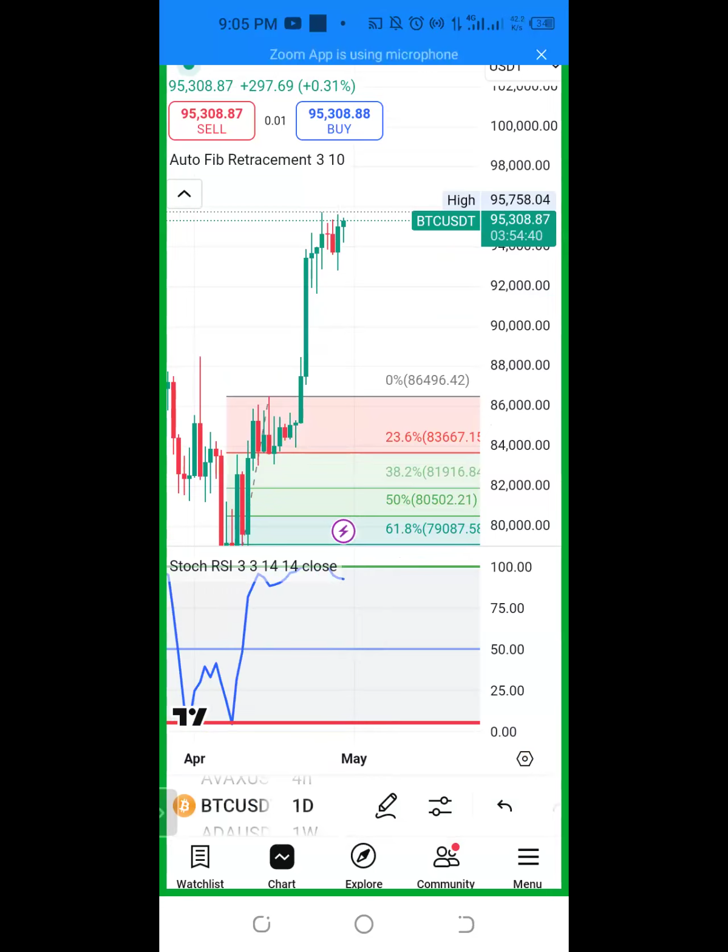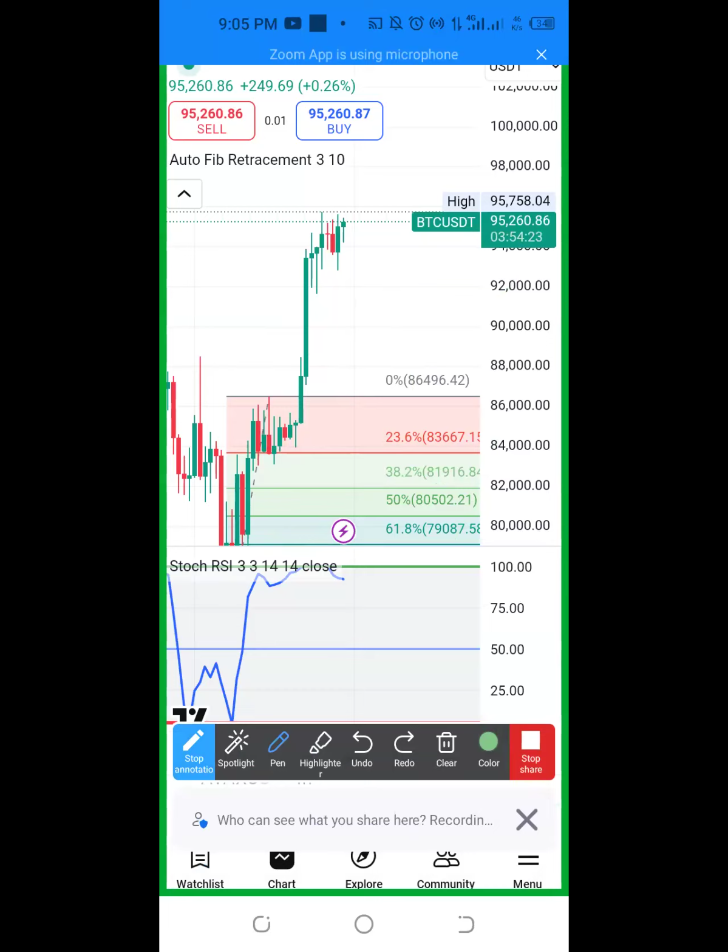That's why I'm very careful in sending signals, because if you enter any coin at a very high price and the market retraces, it might take long for you to come back to that entry price. You can see from the daily chart that for days now, this place on the RSI is not coming down. It's supposed to come down.